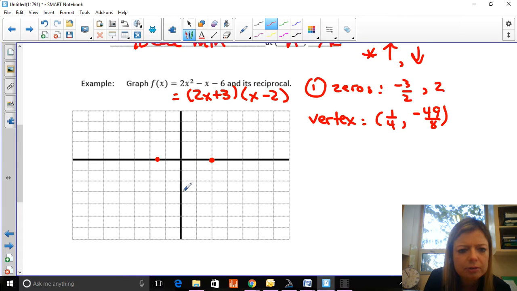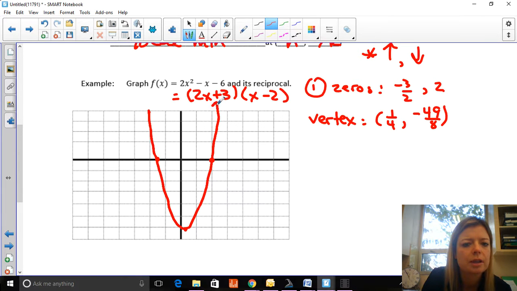So 1, 2, 3, 4, 5, 6. So your vertex is about there. So that's kind of enough to draw your quadratic. You can find the y-intercept as well, but because the vertex is so close to the y-intercept, I'm not really worried about it right now.